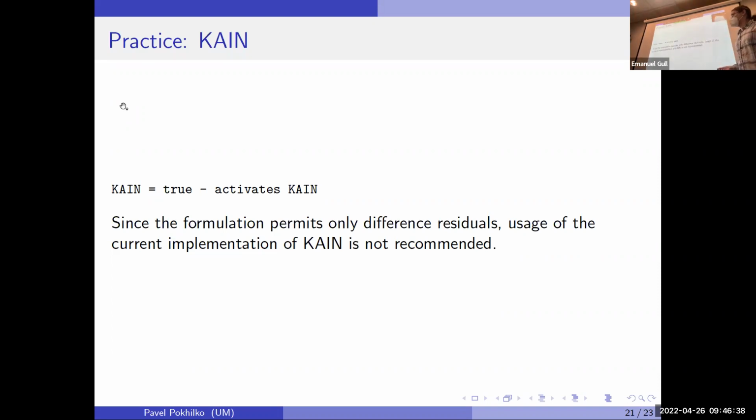However, in practice, I see that it behaves very similarly to the DIIS with difference residuals. So I cannot really find the case where this external correction is very big. Theoretically, it is known that when this external space correction is negligible, then it is almost exactly as DIIS.